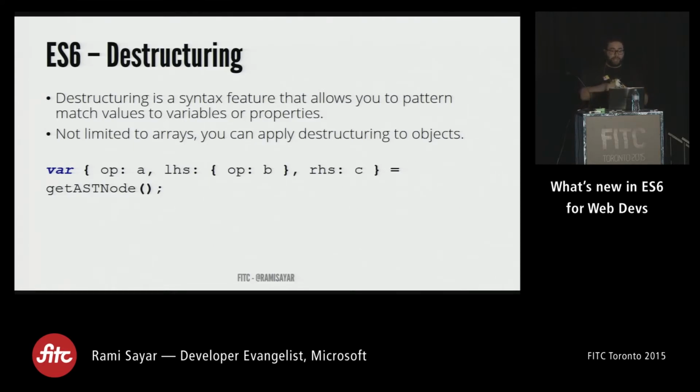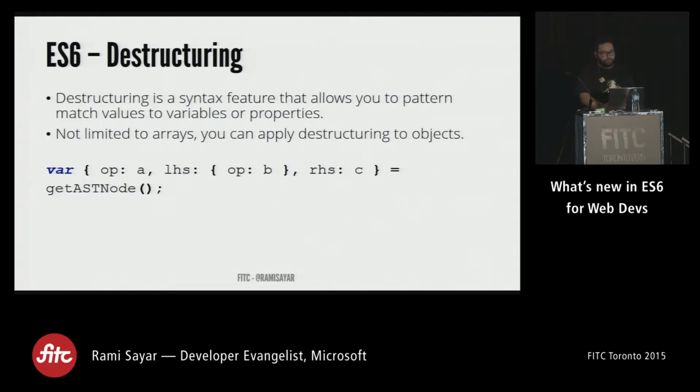And then I'm going to be able to actually call this object as well. So I'm going to be able to take op A. So I'm going to be able to take A. I'm going to be able to take the B variable. I'm going to be able to take the C variable. And whatever it was in AST node, that function, whatever it was returning, it's going to be assigned into my object. Pretty powerful stuff right there.